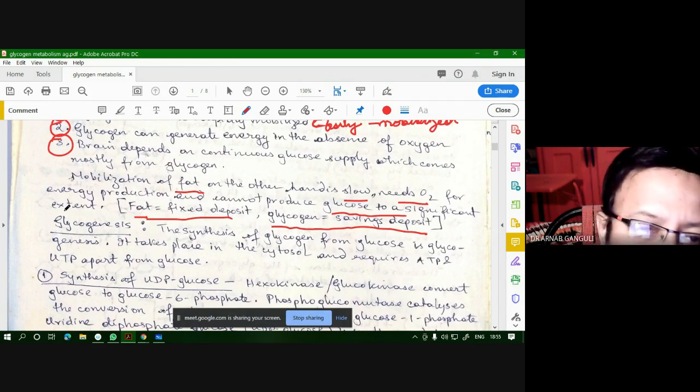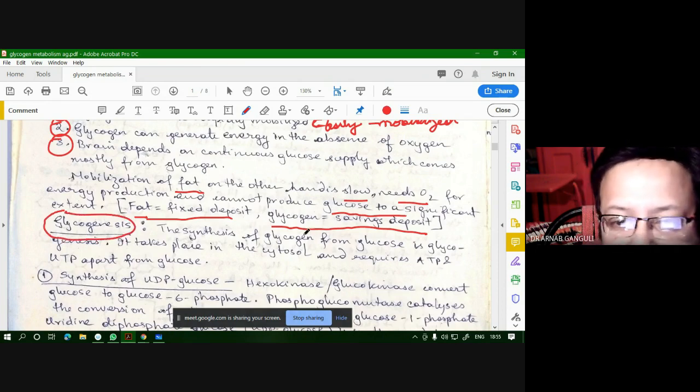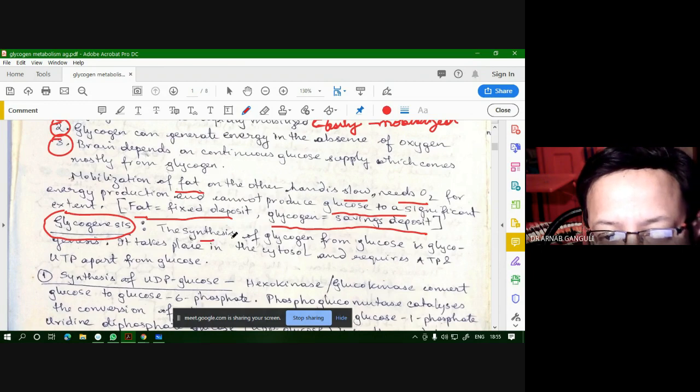The first term we will talk about is glycogenesis. It is the synthesis of glycogen from glucose.